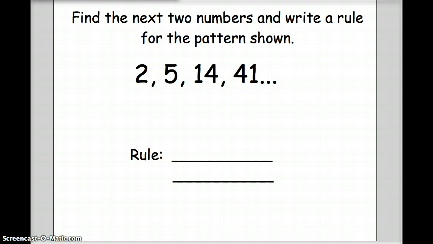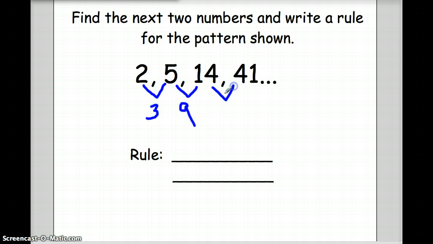Find the next two numbers and write a rule for the pattern shown here. 2, 5, 14, 41. Again, this one's a little bit more challenging. For this one, we're not just going to have one thing happening, we're going to have two. So let's look at how to get from one number to the next. From 2 to 5, we can add 3. From 5 to 14, we add 9.